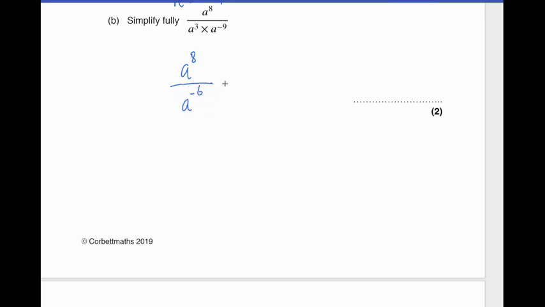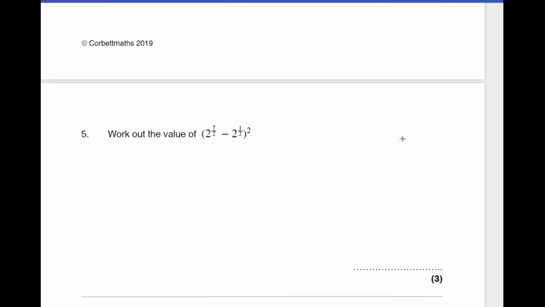Then we apply the subtraction, giving us a to the power of 8 minus -6. Oh my gosh, be so careful. The number of people that I've seen trip because of this kind of question is unreal. So a to the power of 14 is there. So our simplification is a to the power of 14. Let us keep going, guys. We are in a good flow.